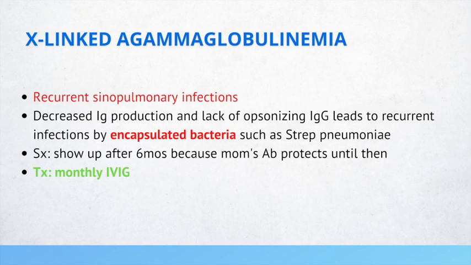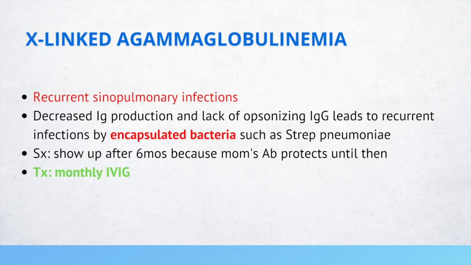Typically, these patients would have no such symptoms until about 6 months because the mother's antibodies protected them until that point. To treat patients with X-linked agammaglobulinemia, you want to treat them with monthly IVIG.